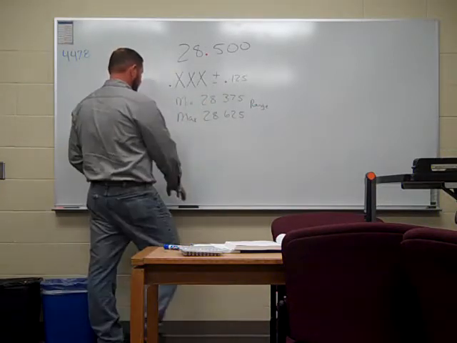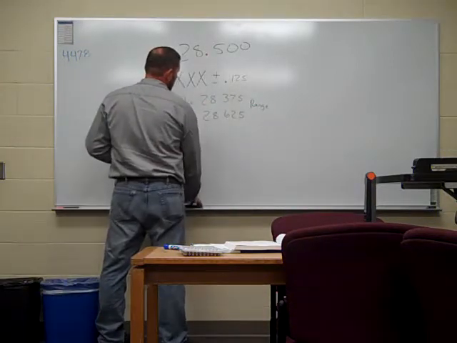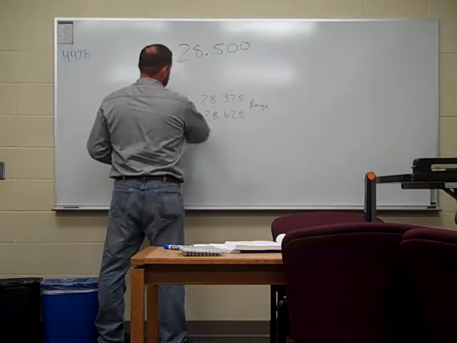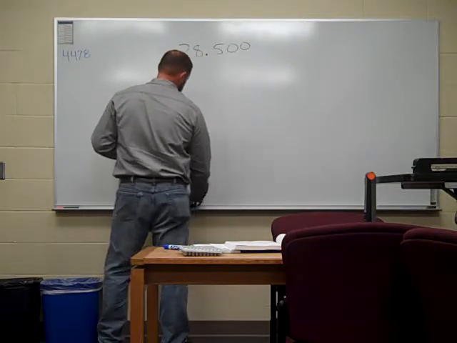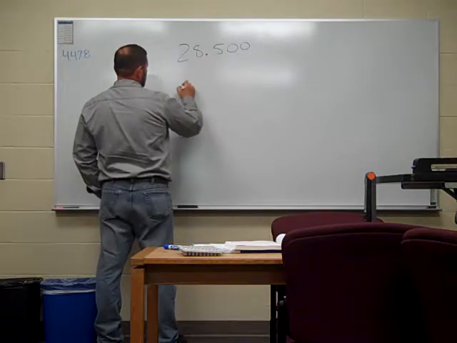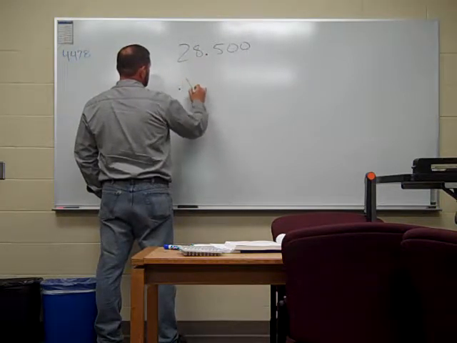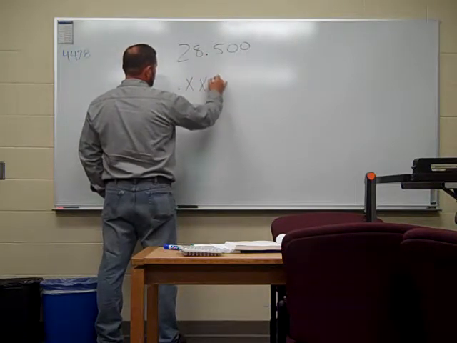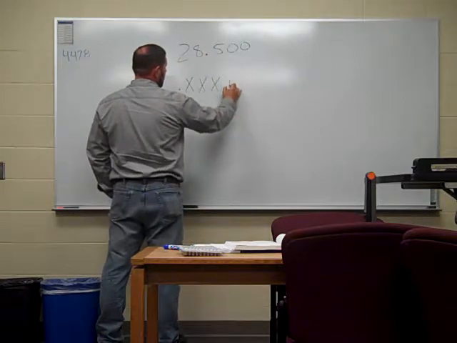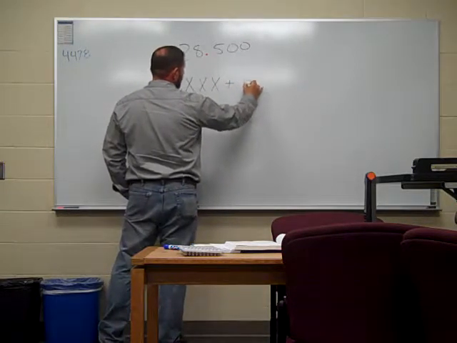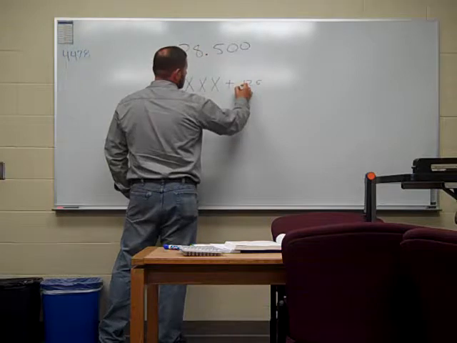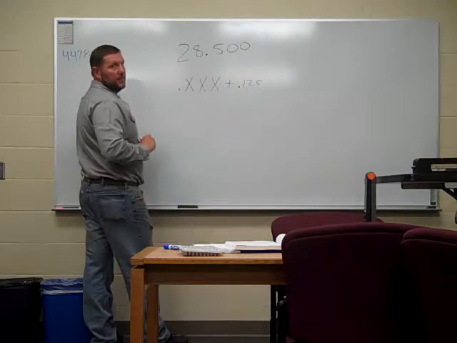Now be careful, because sometimes they're not all plus and minuses. Let's say we have 3 decimal places and only a plus 0.125. It only has a plus, not a minus.